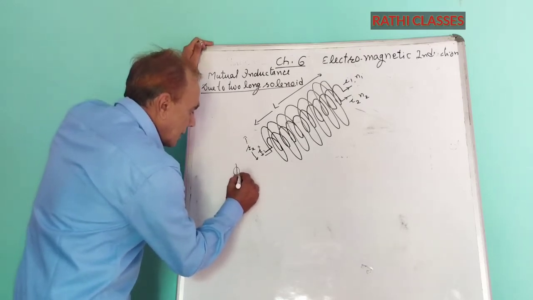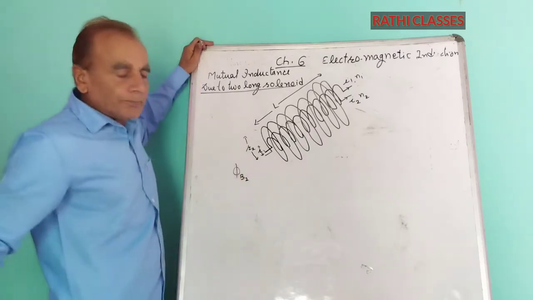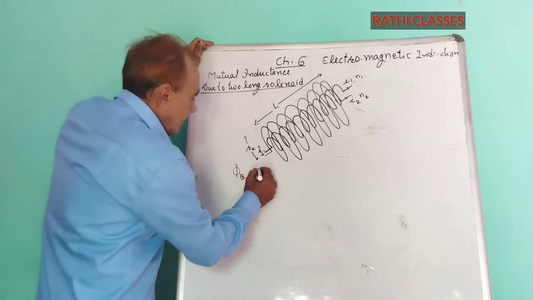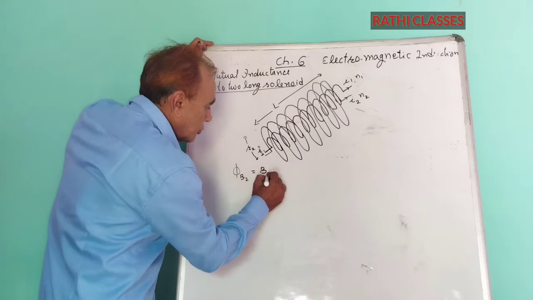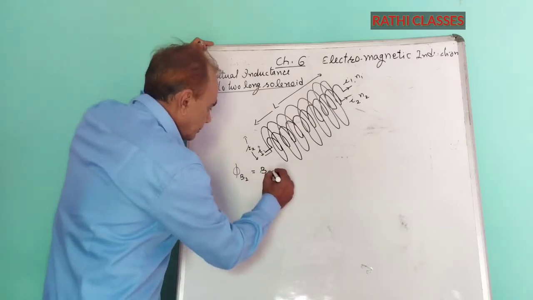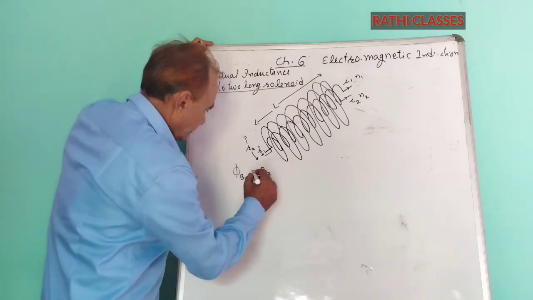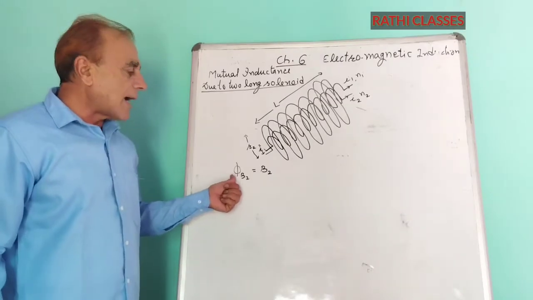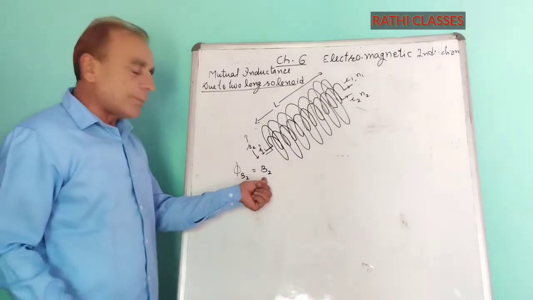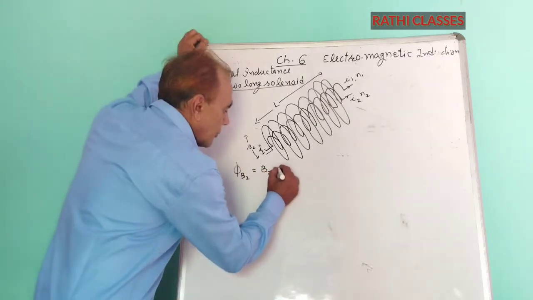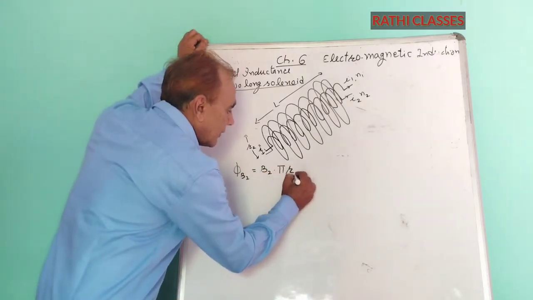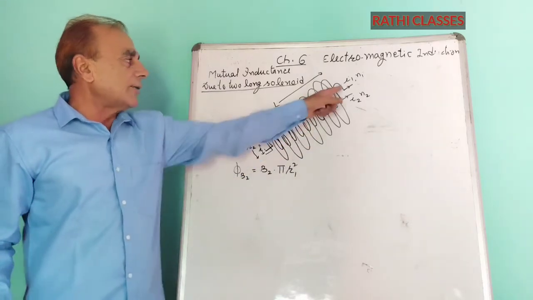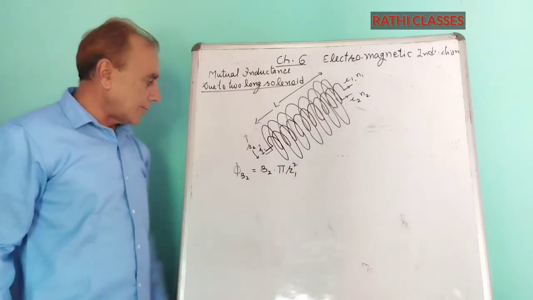phi B2 is equal to B2 into pi R1 square, because we only take inside solenoid S1.